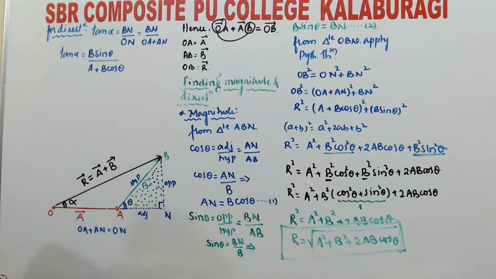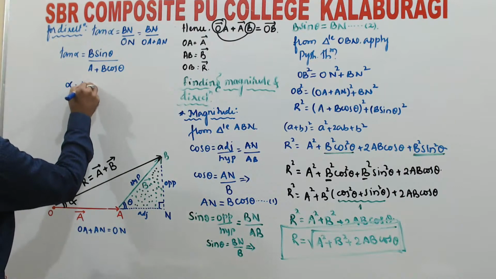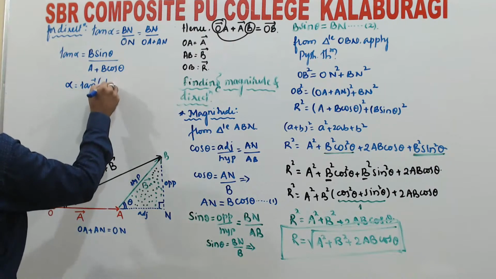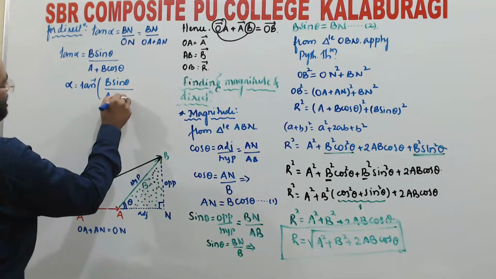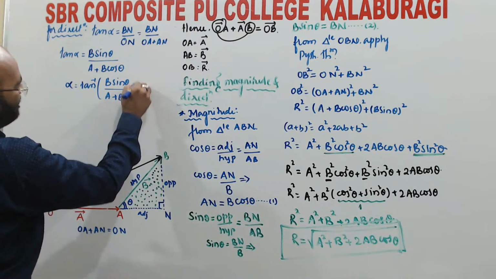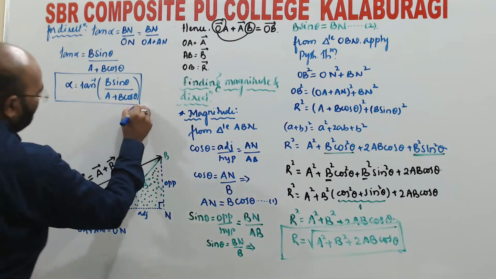So this is B sin theta divided by A plus B cos theta. Hence alpha equals tan inverse of B sin theta divided by A plus B cos theta. This is what we call the direction associated with the two vectors.